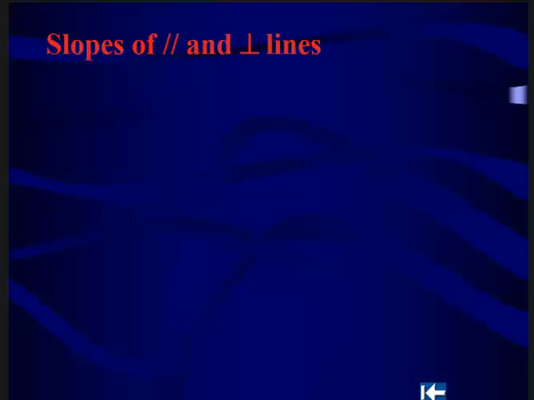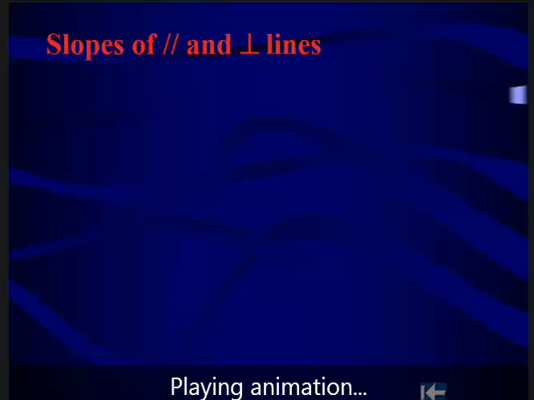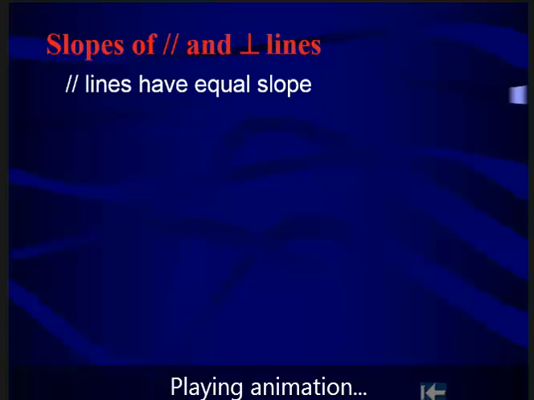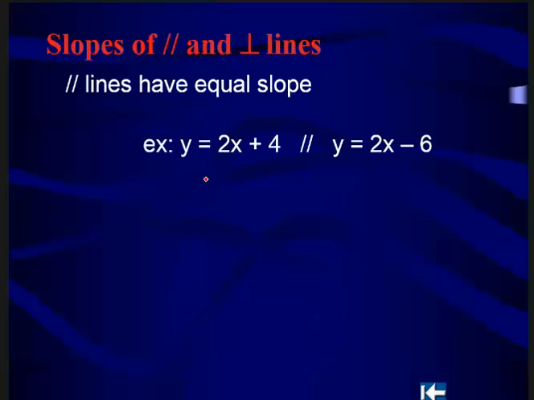Okay, so again, slopes of parallel and perpendicular lines. Parallel lines have equal slope. So in an equation, it would look like this. Remember your y equals mx plus b.